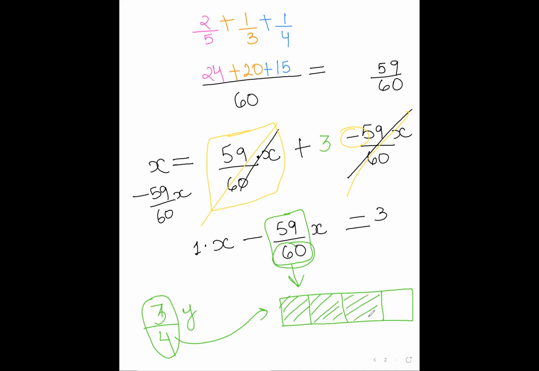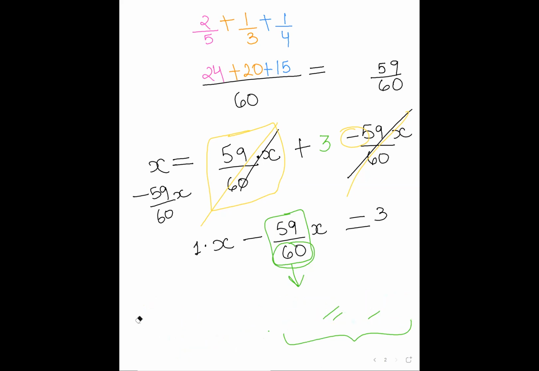It's a fraction, a number smaller than 1. So this is 3 by 4, or you can say 0.75. I don't want to confuse you with decimals. This is what comes to my mind when I see 59 by 60. That's why I chose this one and said I want to replace it with 60 by 60.